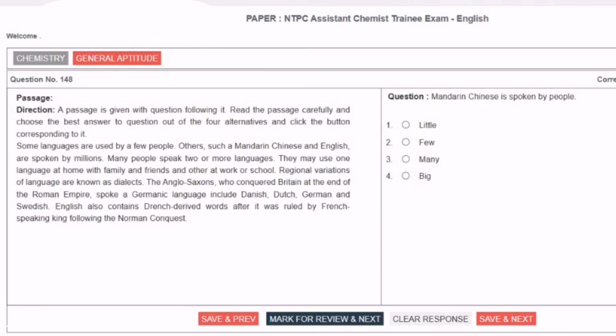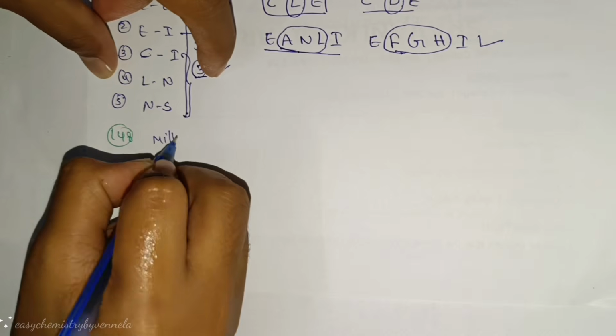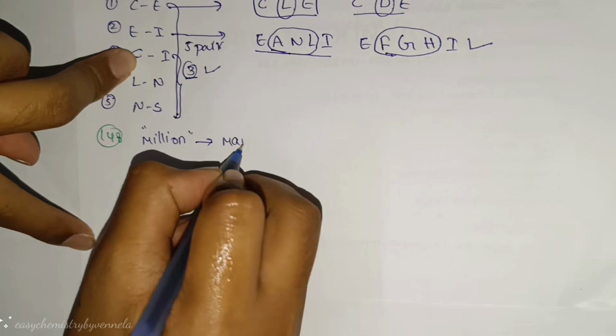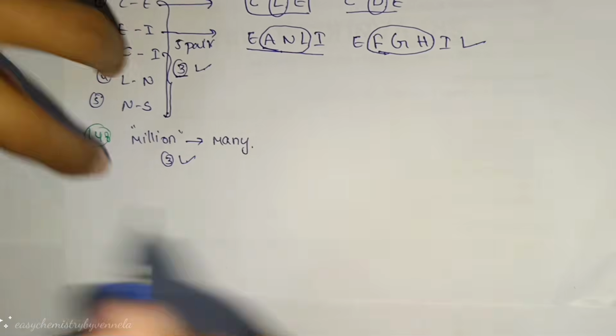The Angles who quit Britain at the end of the Roman Empire spoke a Germanic language; Germanic languages include Danish, Dutch, German and Swedish. English also contains these words after it was ruled by a French-speaking king following the Norman conquest. The given question is, Mandarin Chinese is spoken by how many people. In the first sentence, Mandarin Chinese and English are spoken by millions. So millions means many. So the third option is the correct one.